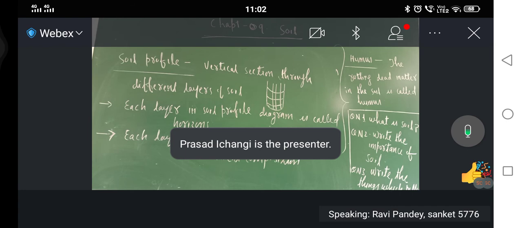That is page number 98, the soil profile diagram.